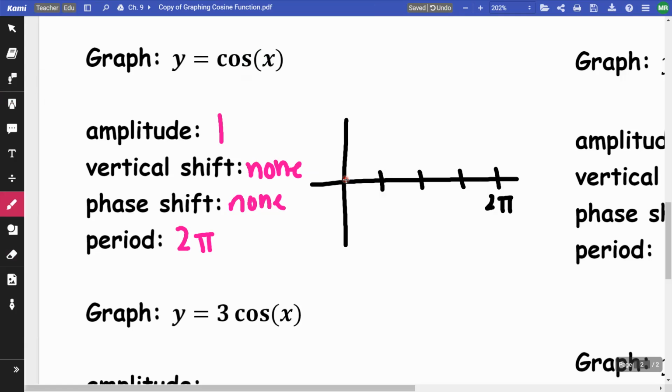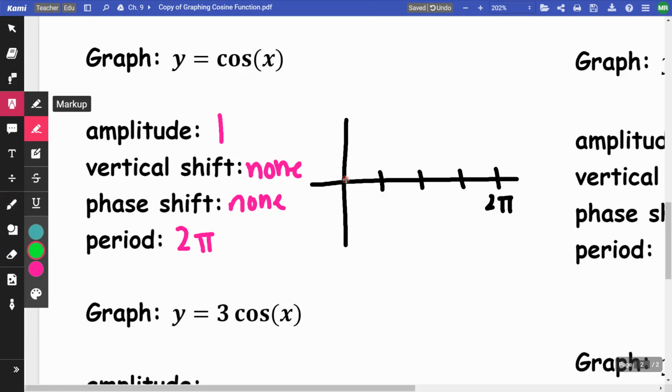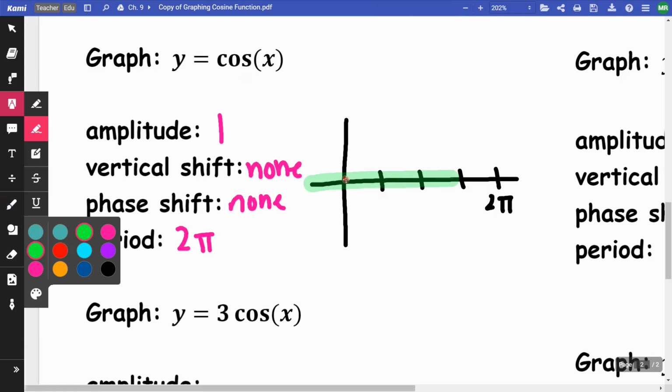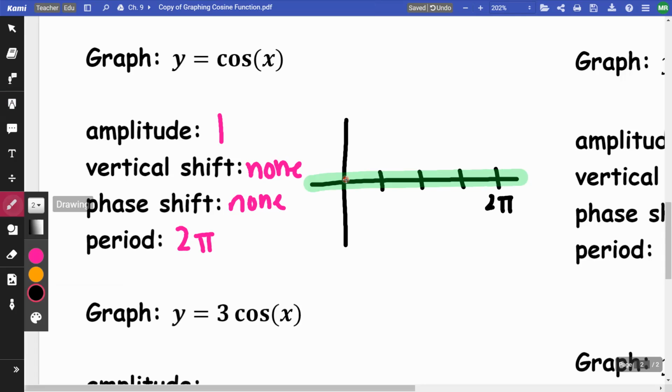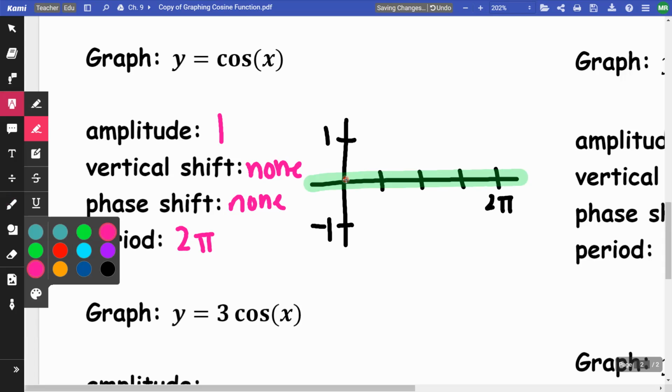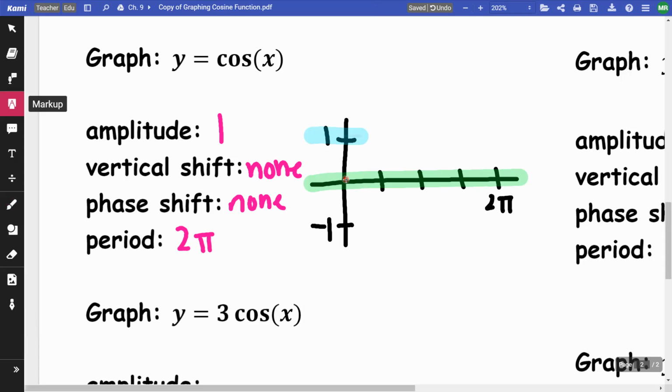My vertical shift is none, so this is where my zeros are going to be. They're going to be on my x-axis. My amplitude is 1, so I'm going to go 1 above and 1 below. So my high and my low. My high is going to occur at 1. My low is going to occur at -1.